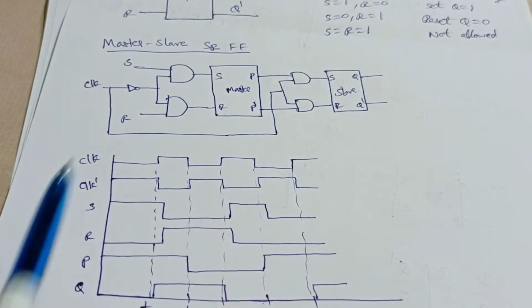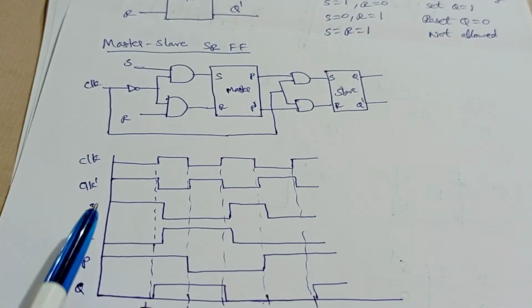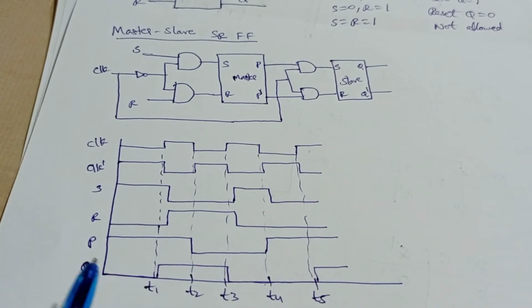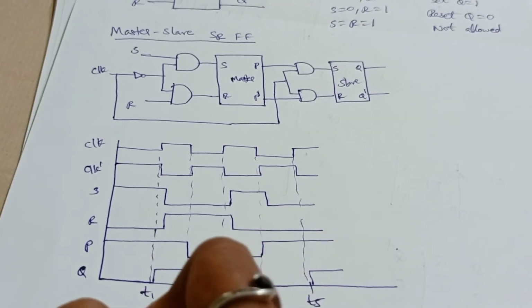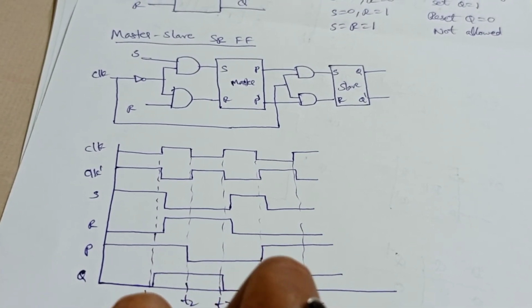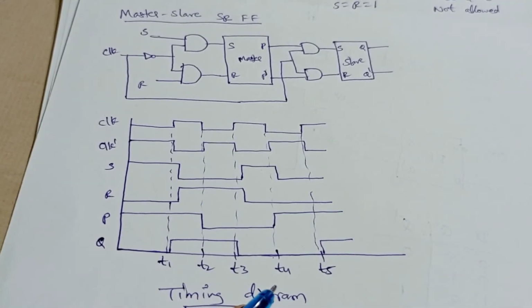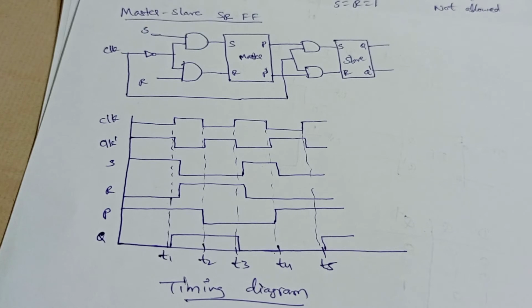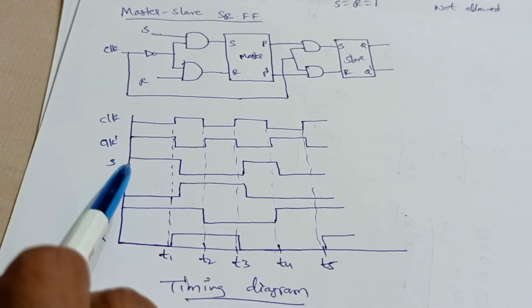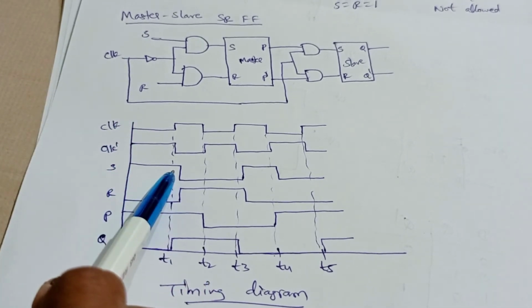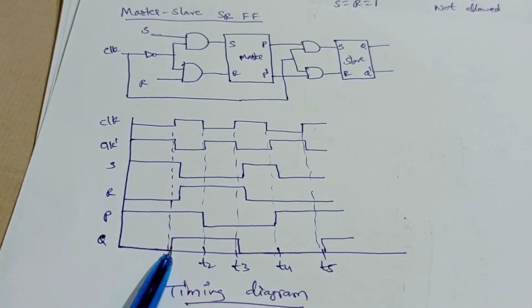Now we'll see the timing diagram. This is the timing diagram. Initially, S is equal to 1 and Q changes to 1 at time t1.